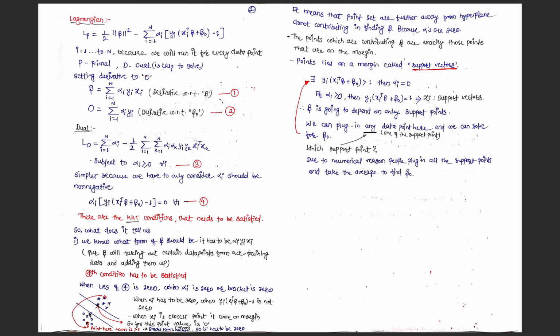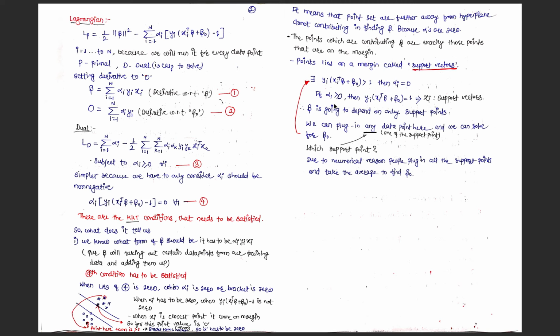So our objective function will be such that if y_i (x_i transpose beta plus beta naught) is greater than 1, then alpha_i is equal to 0.